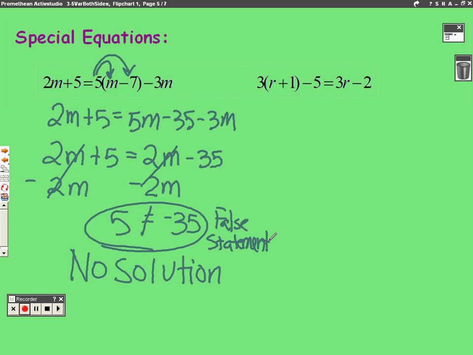The other type of special equation is right here. Let's go ahead and solve that. Tell me what to do first. Right, I'm going to distribute, and I end up with 3r plus 3 minus 5 equals 3r minus 2. All right, so now what do I do?